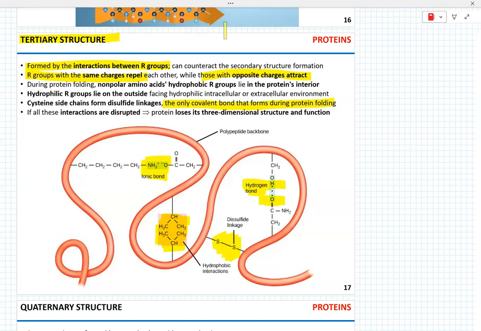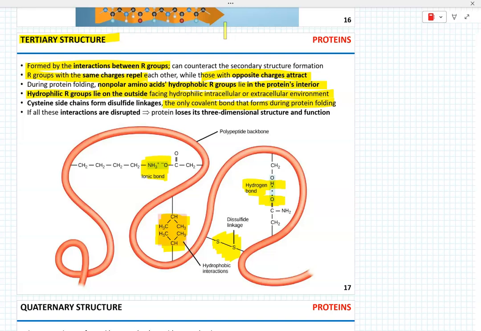Now, if you look at the tertiary structure of the protein, you will quickly recognize that side chains that are hydrophilic face the outside of the protein because the intracellular or extracellular environment is hydrophilic. On the other hand, within the protein molecule, the R groups are mostly hydrophobic, mostly nonpolar, so they don't have to be repelled by the water.